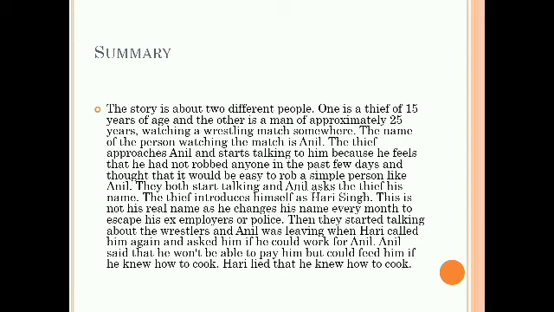They both start talking, and Anil asks the thief his name. The thief introduces himself as Hari Singh, but I have already told you earlier, this is not his real name, as he changes his name every month to escape his ex-employers or the police.